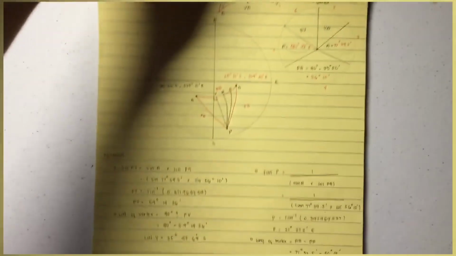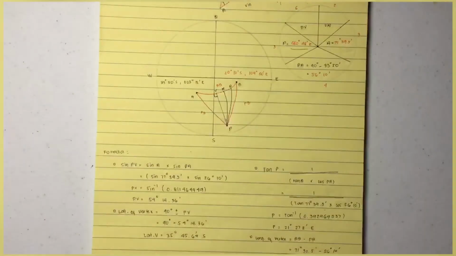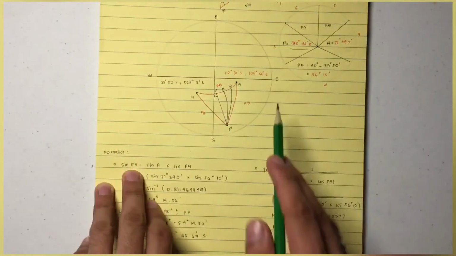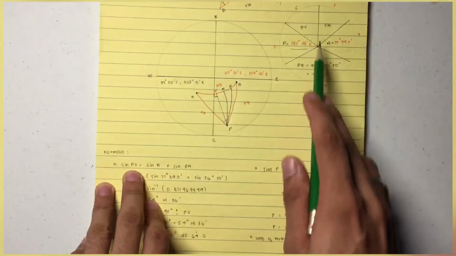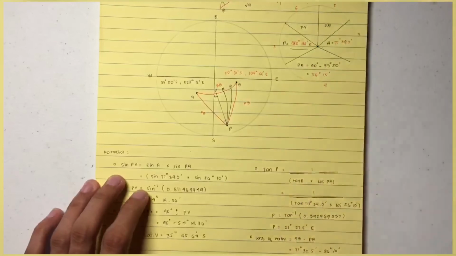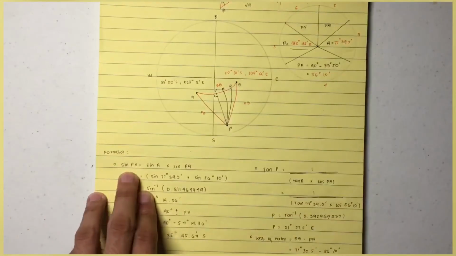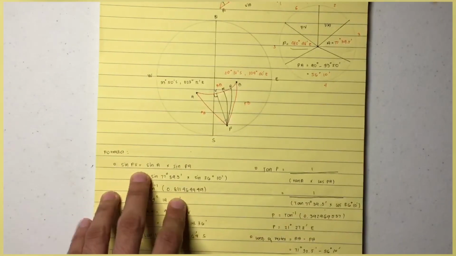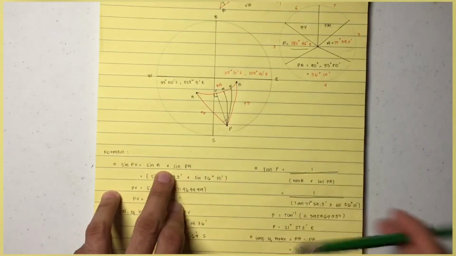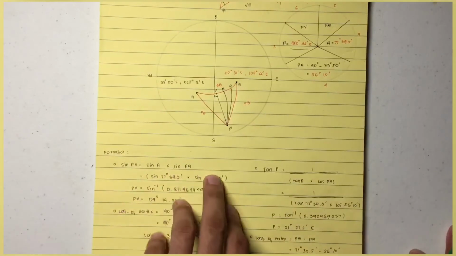Now this is the formula in solving for the PV, since we don't have this value, we need to solve it. So the formula is sine PV equals sine A multiplied by sine PA.